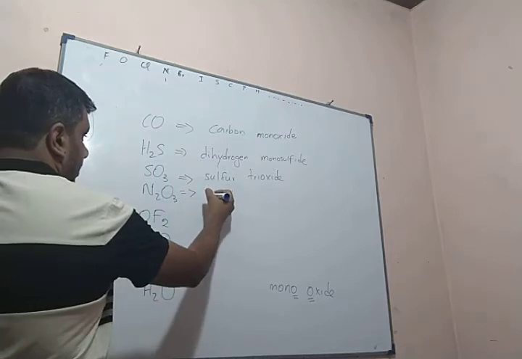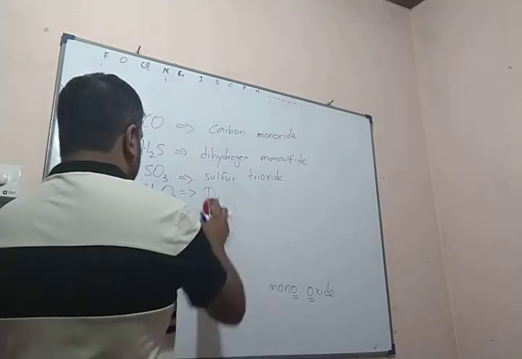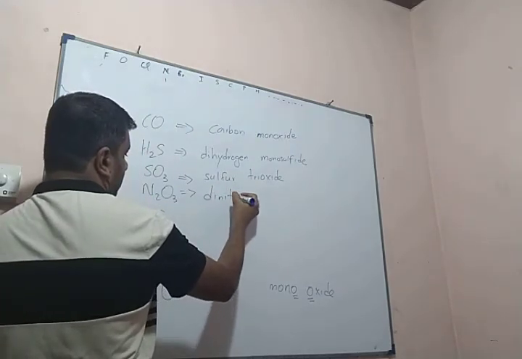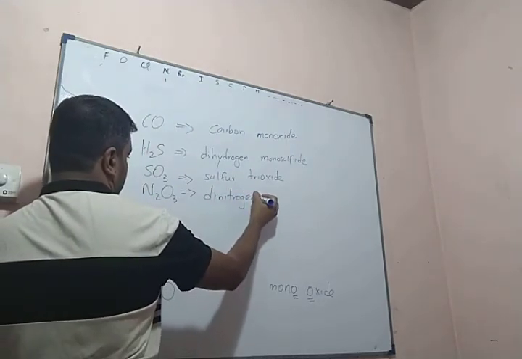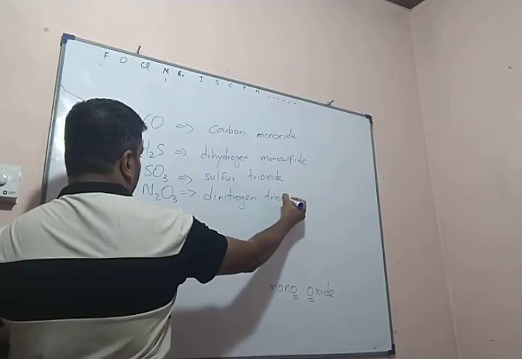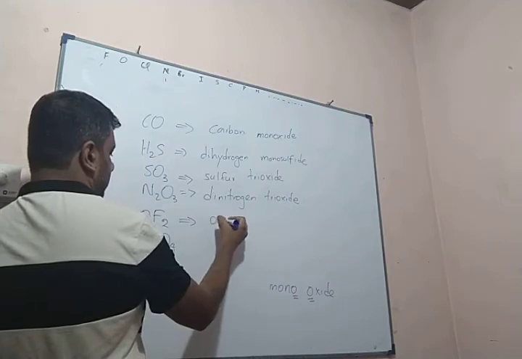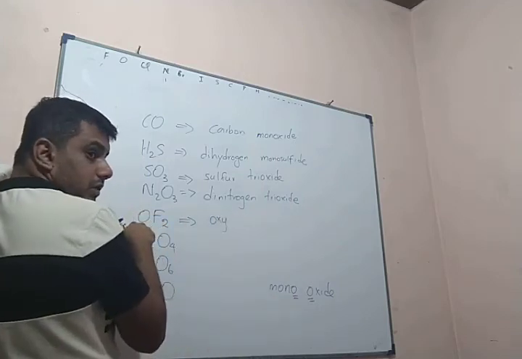What's the name? Dinitrogen trioxide. Oxygen or monooxygen?